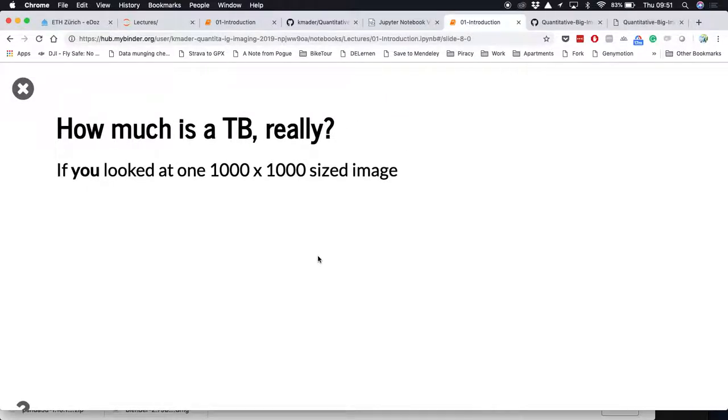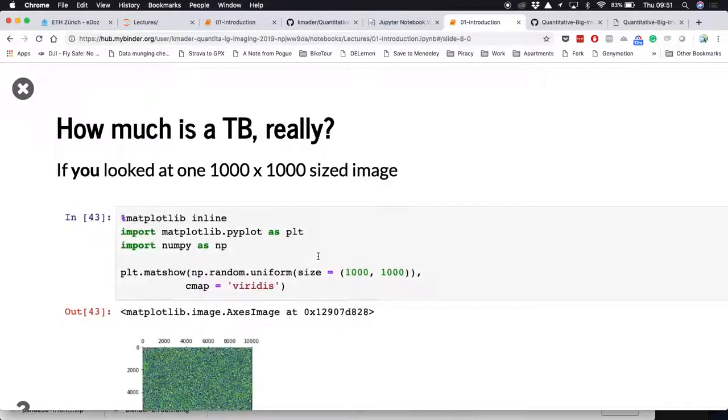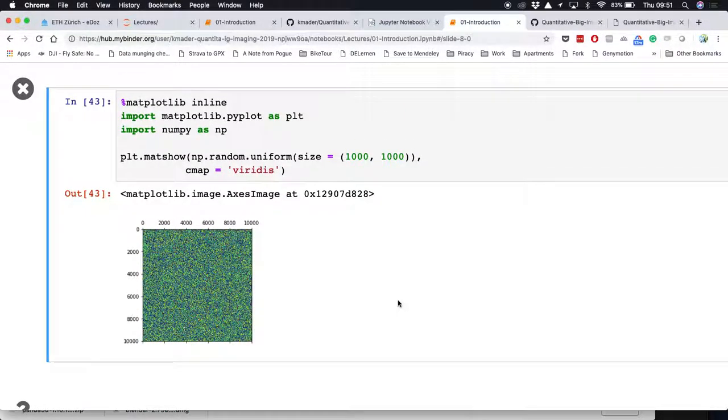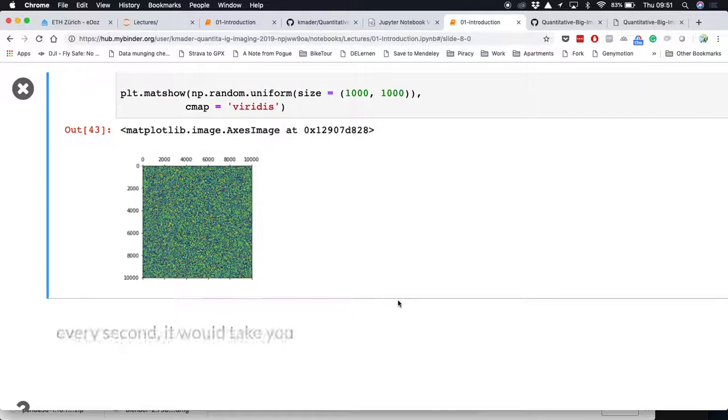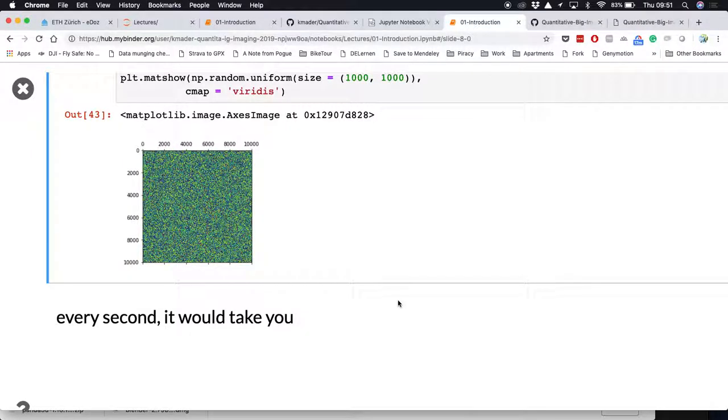So in terms of how much a terabyte really is, this number gets thrown around a lot, and it's a little difficult to actually see. If you take an image, and this is the first code that we'll have in the course, an image like this, which is just 1,000 by 1,000, and you were able to look at one of these images every second, so you looked through that, and maybe this is cells, and you're trying to count how many cells.